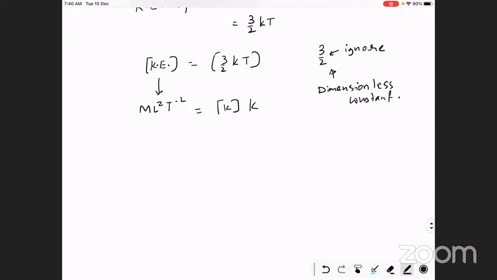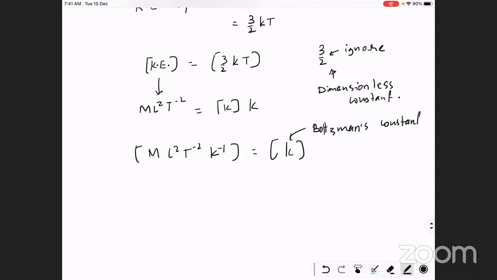So ML2T^-2K^-1 is the dimensional formula of small k, the Boltzmann constant. Remember this. Very important for NEET and IIT.